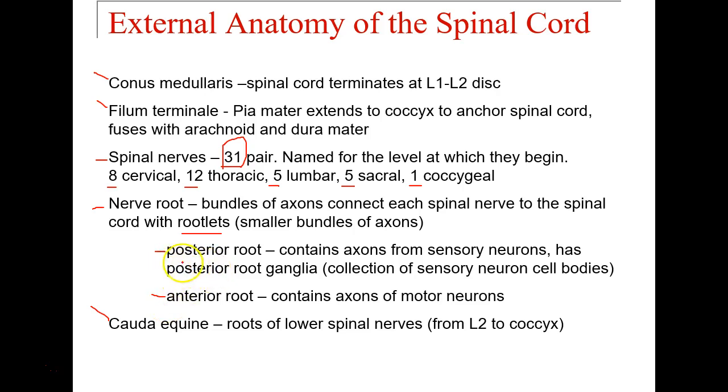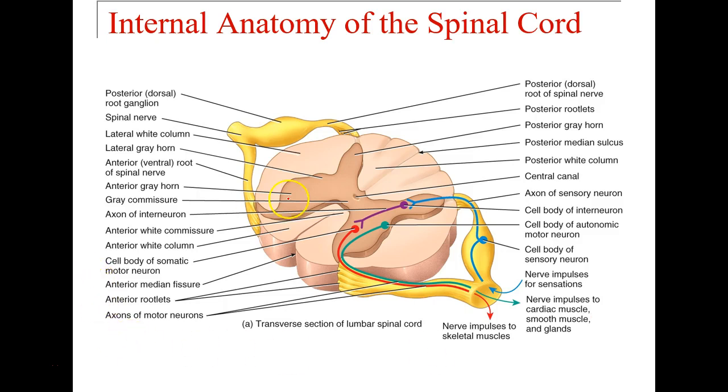Okay, so on that posterior root we have a ganglion, the posterior root ganglion. This is where we will find cell bodies from those sensory neurons. Looking at a cross section of cord here, here is that posterior root ganglion.